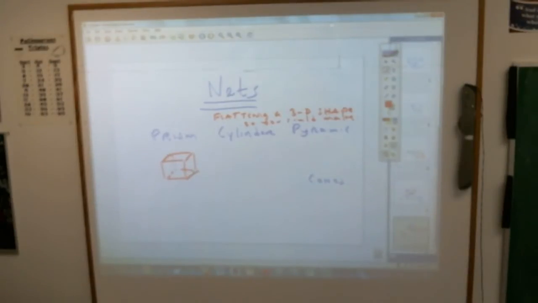Cardboard comes in flat pieces that have to be shaped and molded to this. So the net is, what is the shape, if you flatten this out in a flat piece, that when you put it together again, you get that three-dimensional object. This is what the net of this would look like.